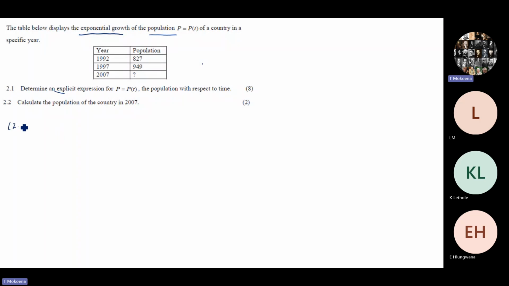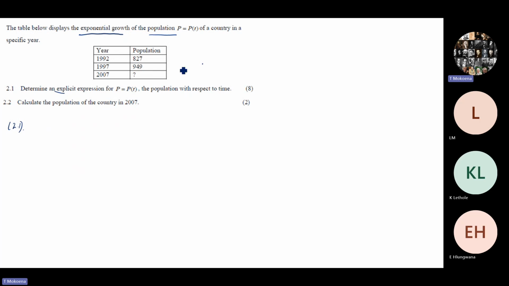So to solve question 2.1, what do we want? We want to determine the general equation or the particular equation. Remember, we're going to formulate an ordinary differential equation, a first order differential equation. After forming that, we're going to integrate the equation. After integrating, we get the solution, which is called the general solution because it has constants.